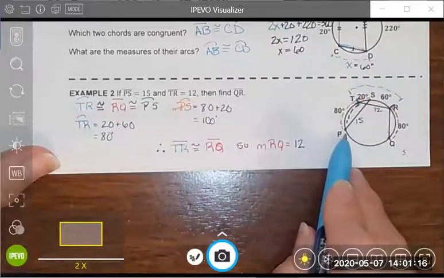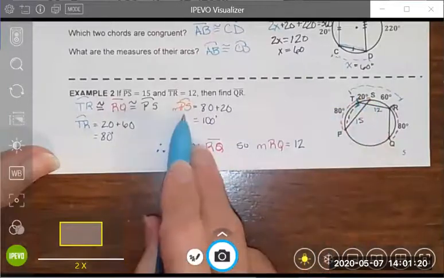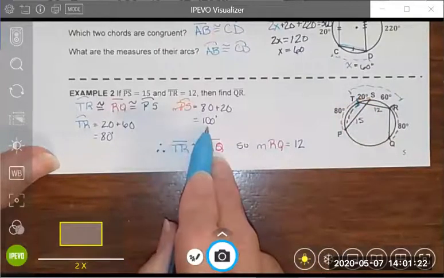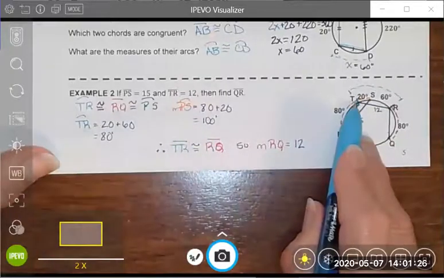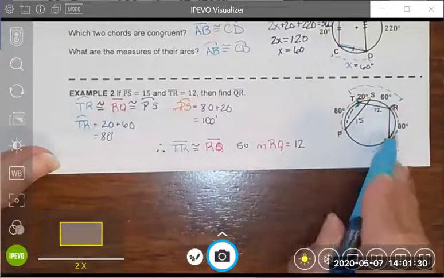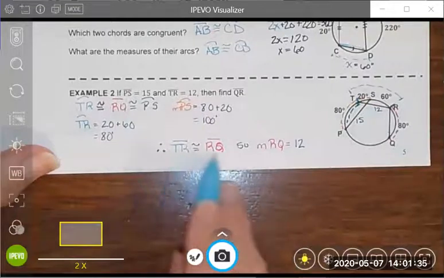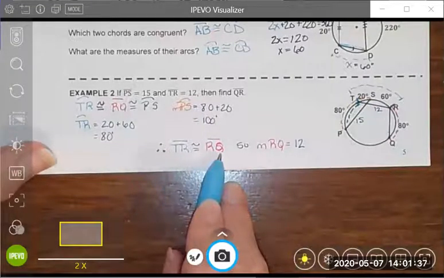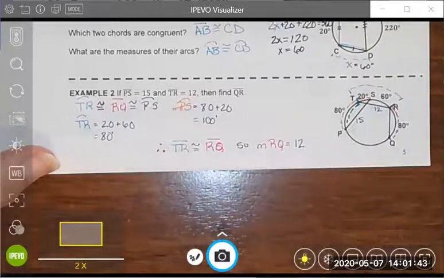So if I look at the measure from P to S of its arc, I learn that arc PS is 100 degrees. I've already calculated the arc TR is 80 degrees, and I know that arc RQ is 80 degrees. Therefore, my segments TR and RQ have to also be congruent, and that tells me that the measure of this segment is 12 units. Put your units, Palmer.